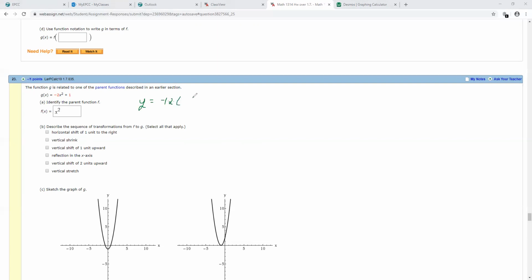Times the parent function is squaring, x squared. And inside, do we have like an x plus 1 inside, Griselda, or is the plus 1 outside? Outside.